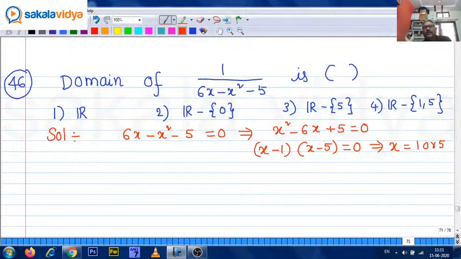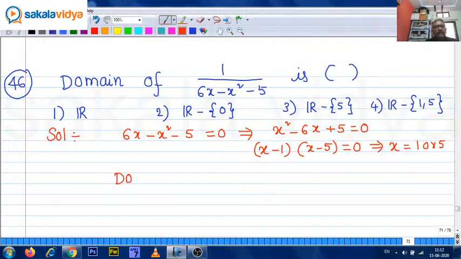Now if you put x is equal to 1, we get 1 by 0, and division by 0 is not defined. We should not divide any number by 0. If you divide it, everybody will become a Ramanujan, because the person who knows infinity is a legend in mathematics, none other than our Indian mathematician Ramanujan. So 1 comma 5 need to be deleted from the set of real numbers to get the domain.